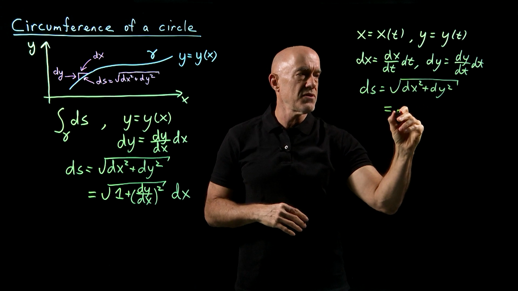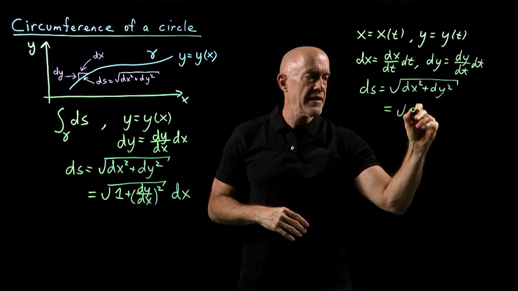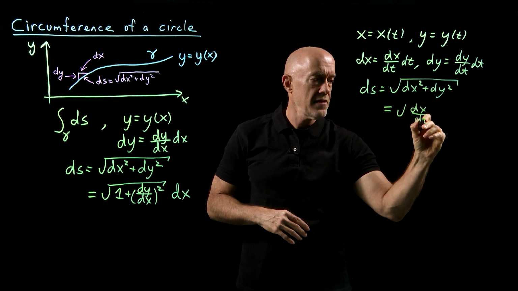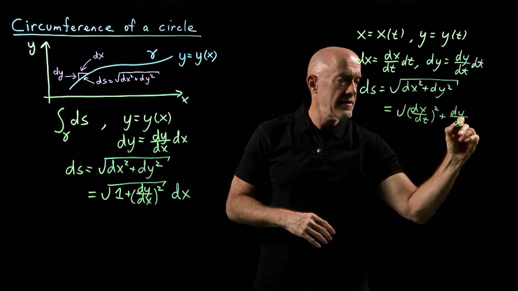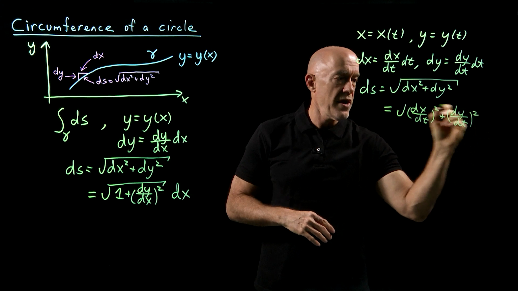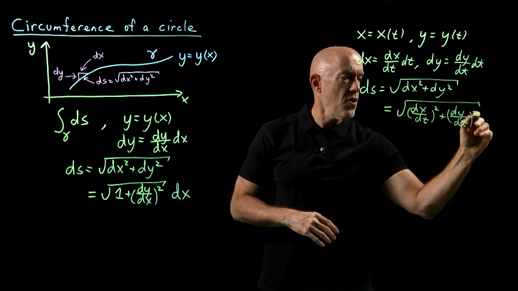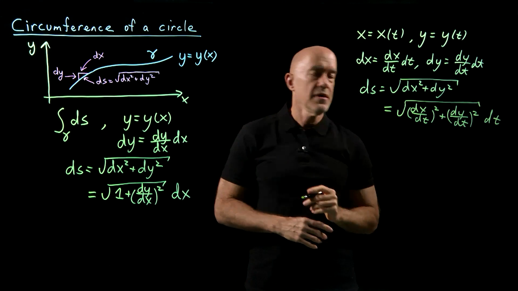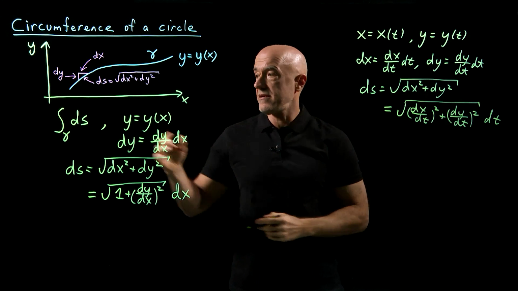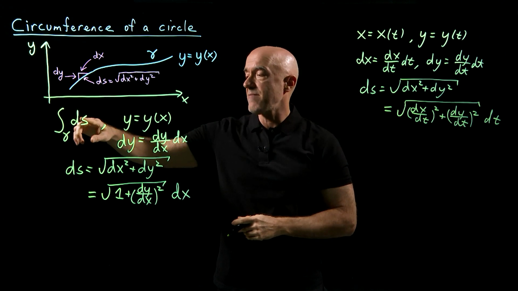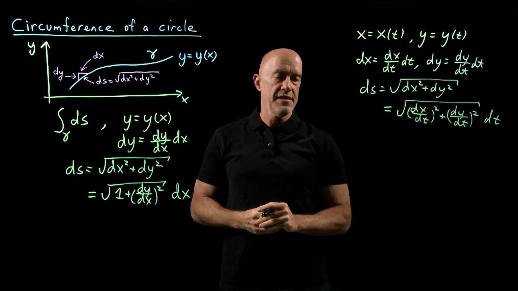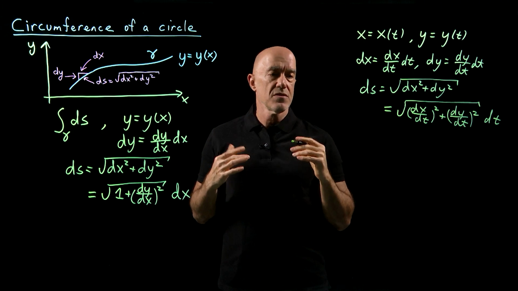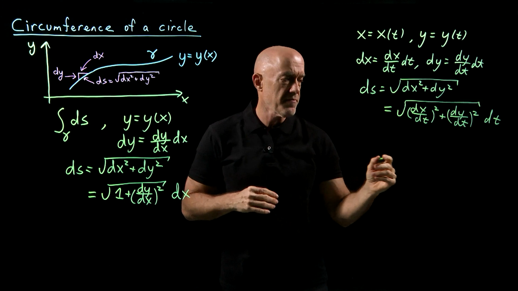So that becomes the square root of (dx/dt) squared plus (dy/dt) squared, all times dt. So now we can integrate over gamma of ds by doing an integral over the parameter t. So let me show you an example.